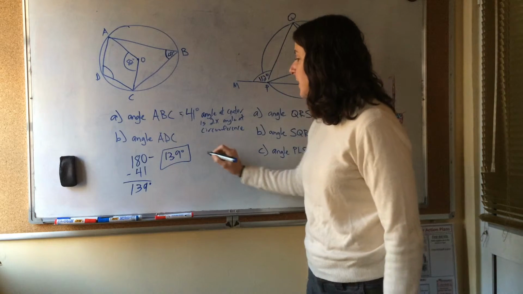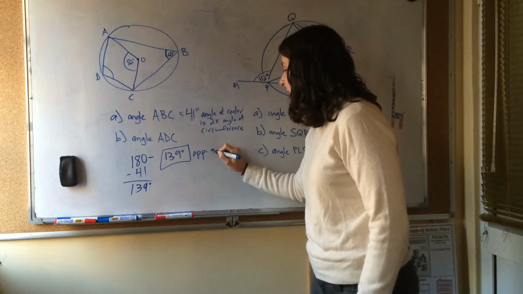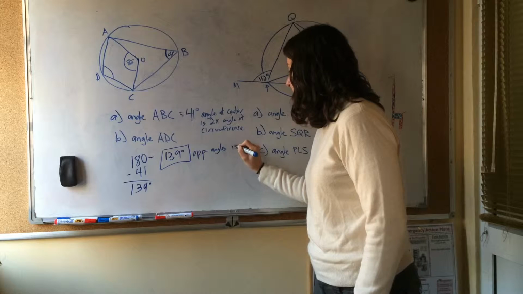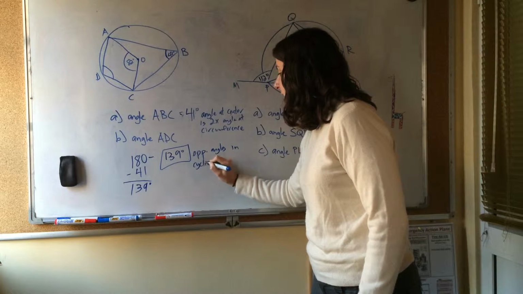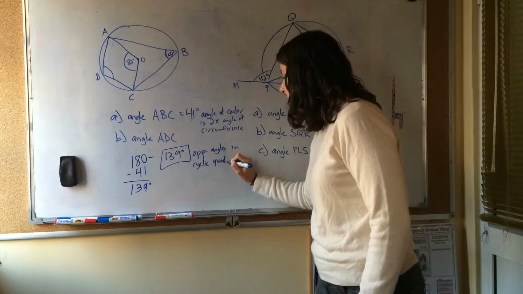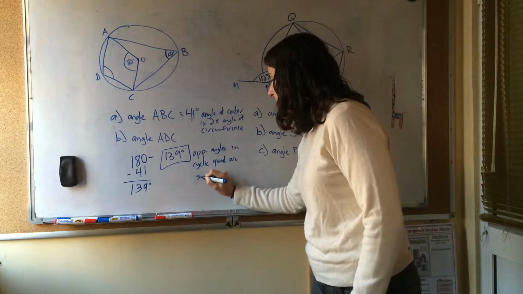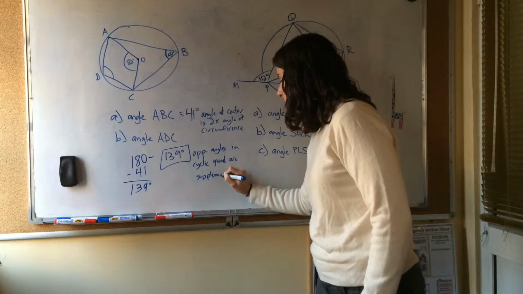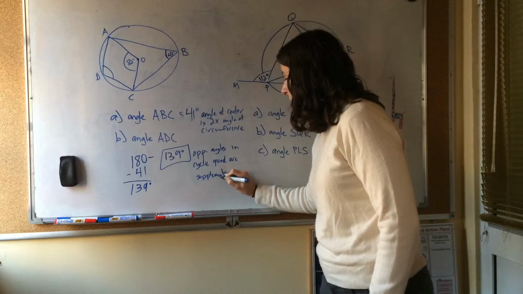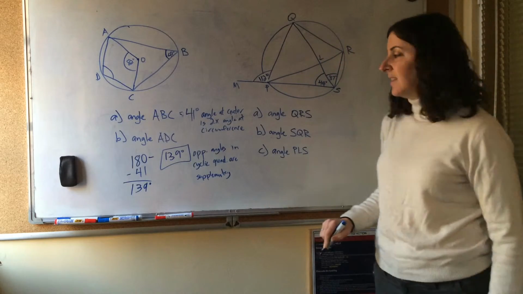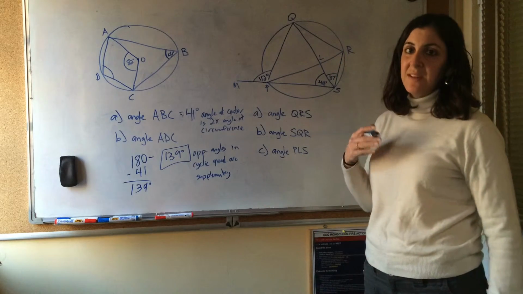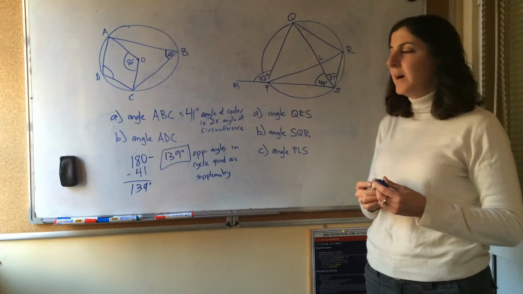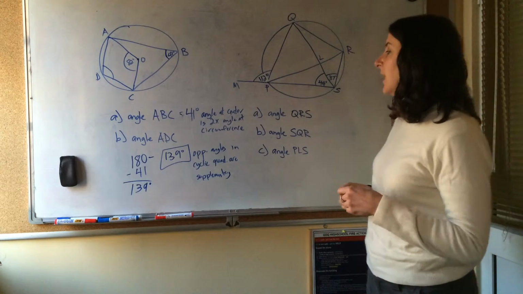Why is that true? Because opposite angles in cyclic quad are supplementary. Again, hopefully not too difficult to state there. I know this is an English class, but you still need to be able to justify in a logical way how it is that you came to your answer.